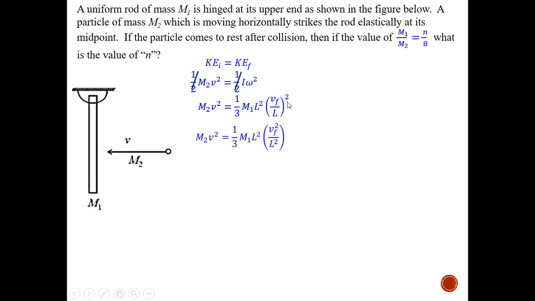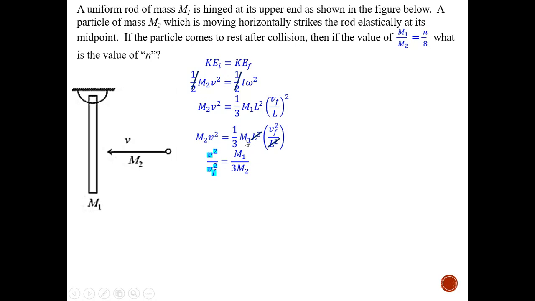Make sure when you distribute this exponent, it goes to the variable on top and on the bottom. As you can see, the left side stays the same. The only thing different is that the L in the parentheses is now squared because I've taken care of that exponent. But I see an L squared outside in the numerator and an L squared inside the parentheses in the denominator, so I'm going to cancel the L squared out. And that leaves me with this statement.